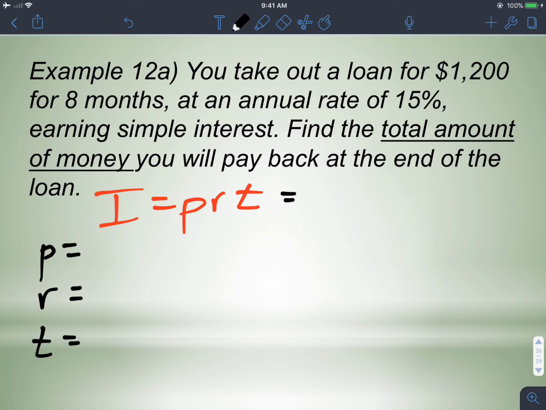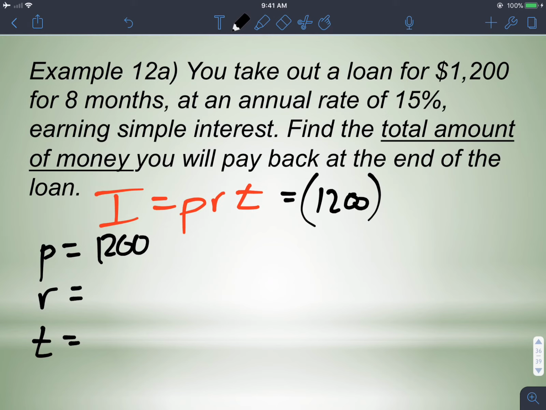All right, so what's the original amount of the loan? Yeah, that's the P. So our principal is 1,200. All right, what's the rate?